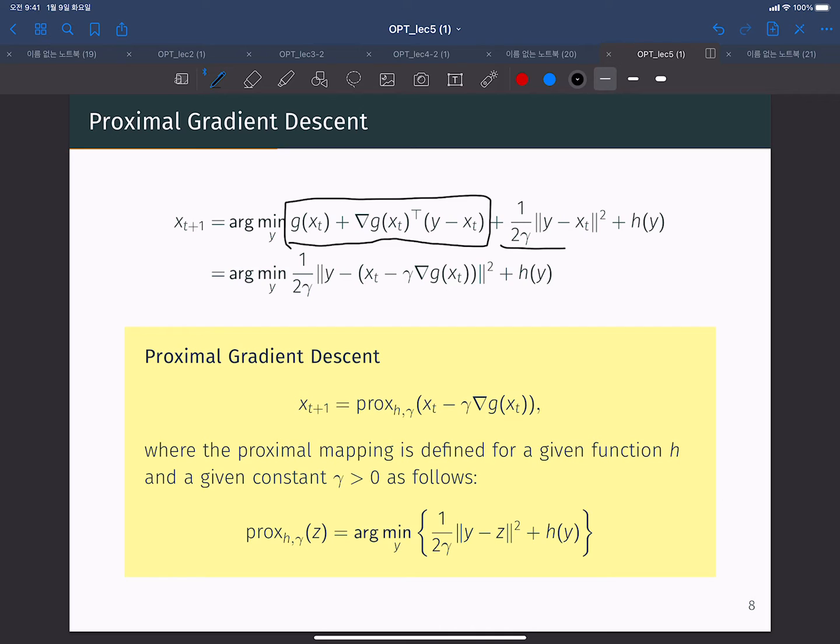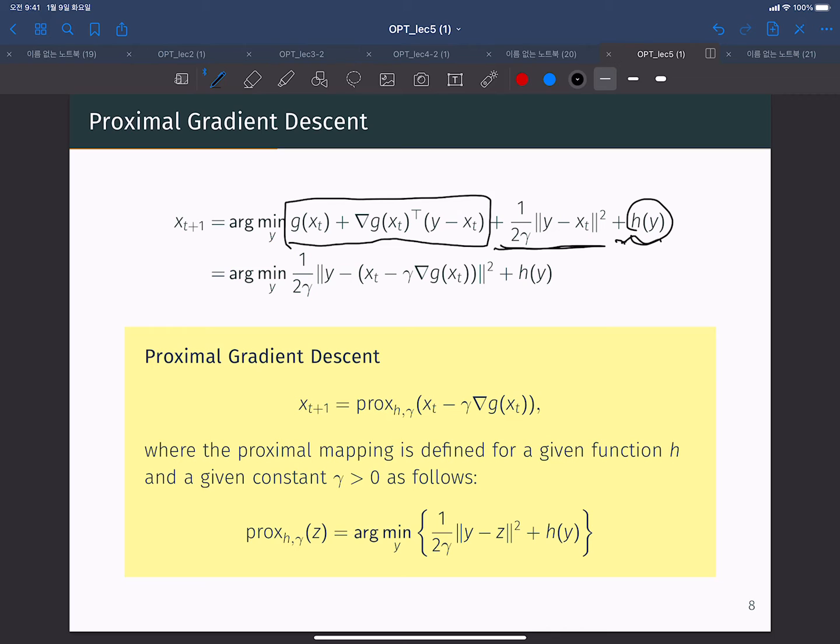And again, we have a restriction on your movement, your distance, by the Euclidean distance term, 1 over 2 times step size times norm of y minus x_t squared. Plus, we add the additional cost function h(y), which might not be differentiable.